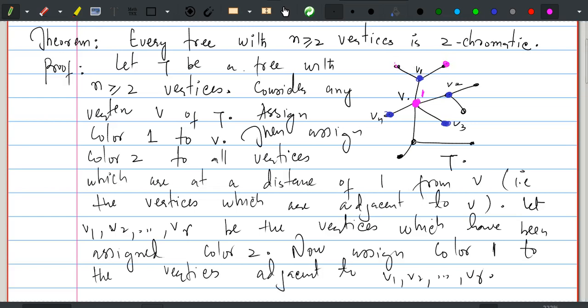Let us color these vertices with color 1. Similarly v2 has these 3 neighbors. Let us color these with color 1.